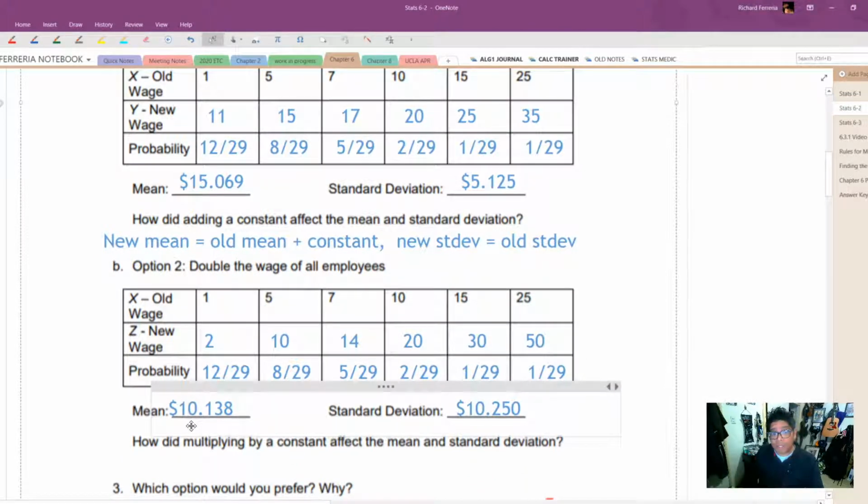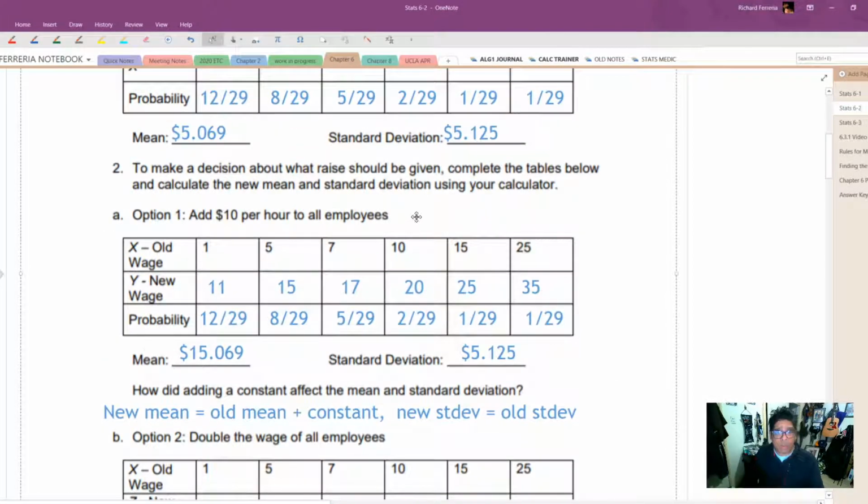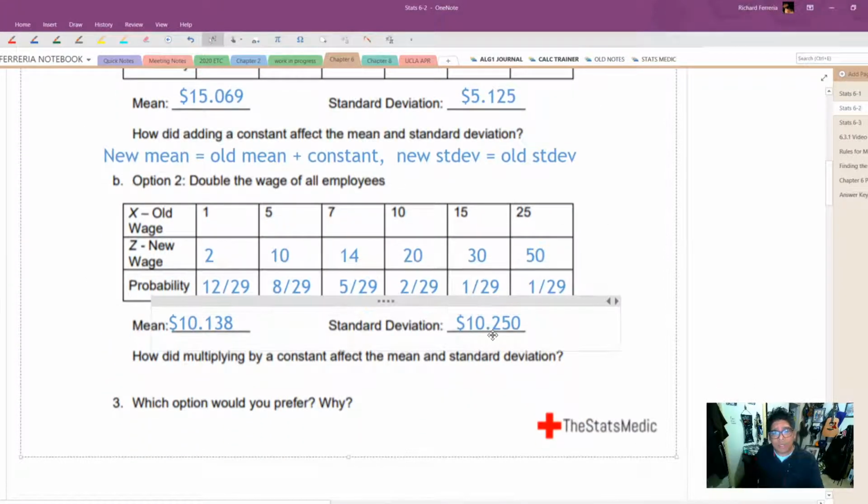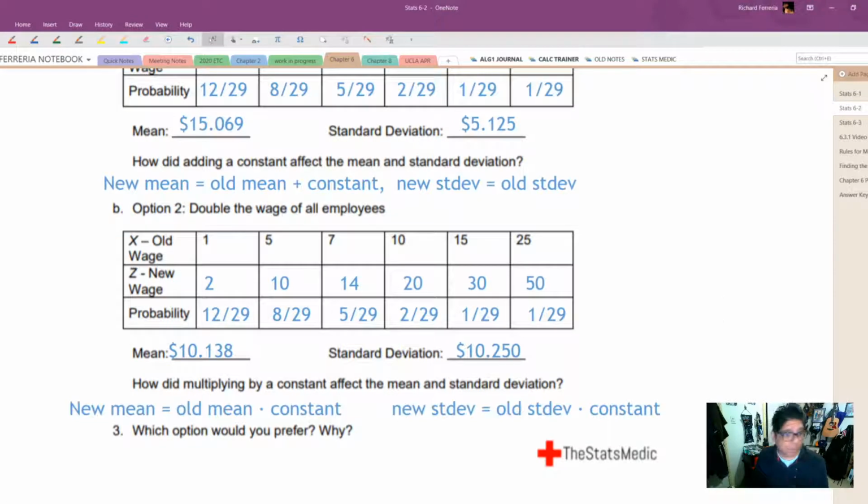If you're guessing 10.138, you're right. Now what about the standard deviation? 5.125 multiplied by 2 is 10.25. So what did multiplying by a constant do? The new mean is the old mean multiplied by that constant, and the new standard deviation is the old standard deviation multiplied by the constant.